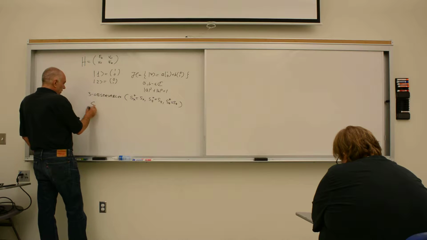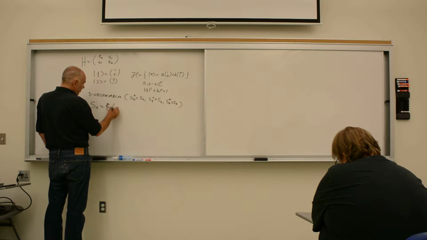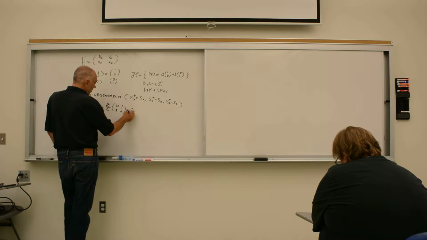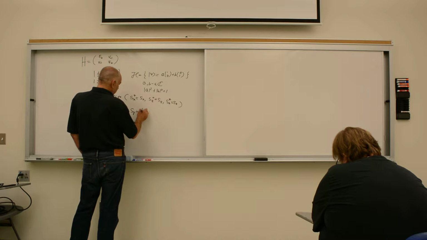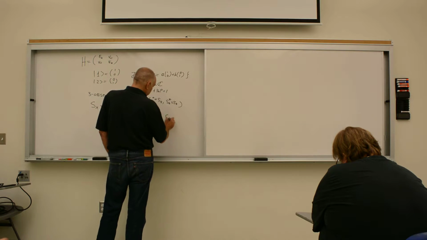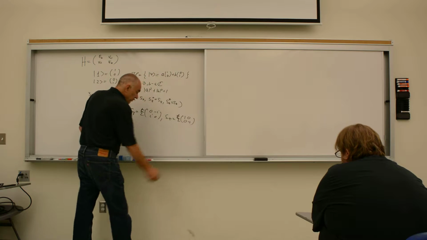And if I remember, they were given by Sx equals h bar over 2 times the matrix (0, 1; 1, 0), Sy is h bar over 2 times (0, minus i; i, 0), and Sz equals h bar over 2 times (1, 0; 0, minus 1).